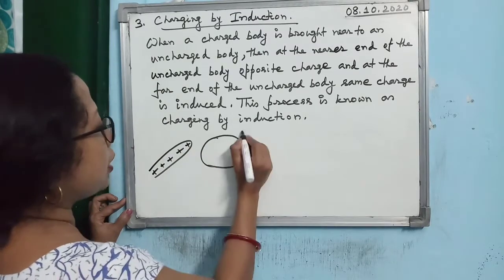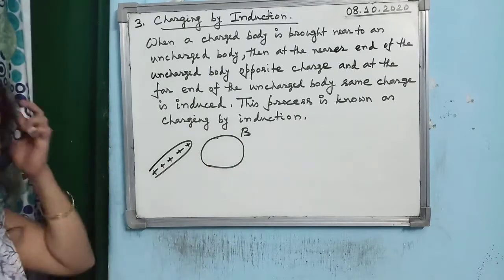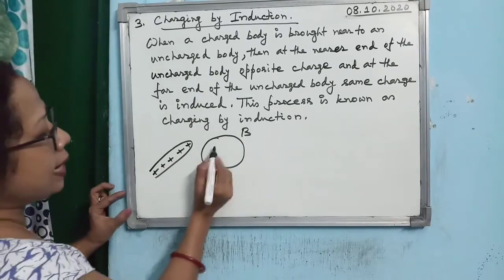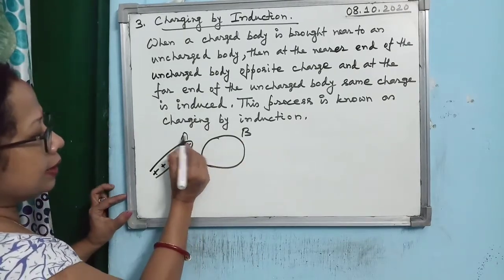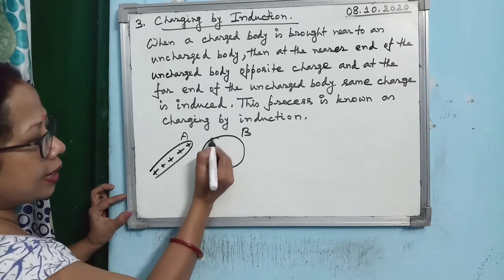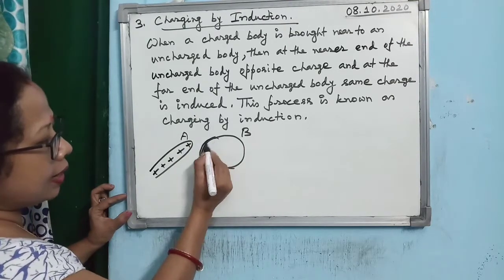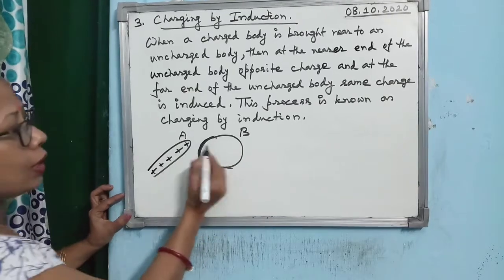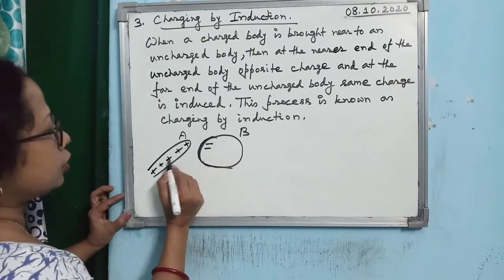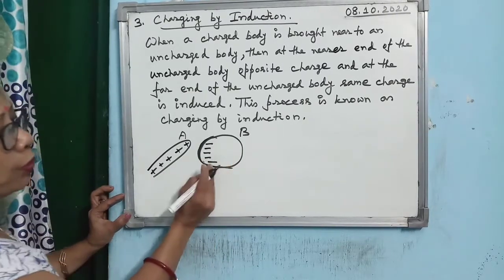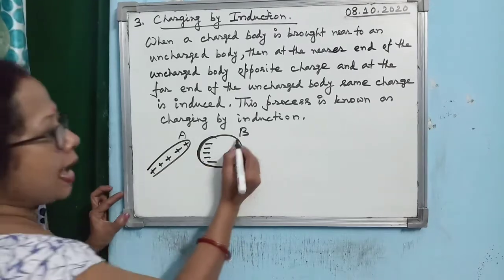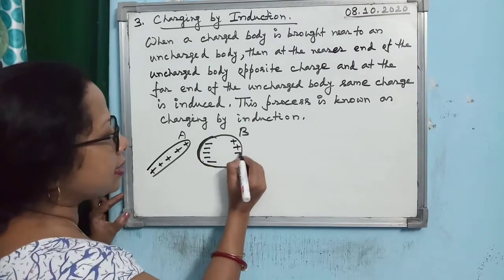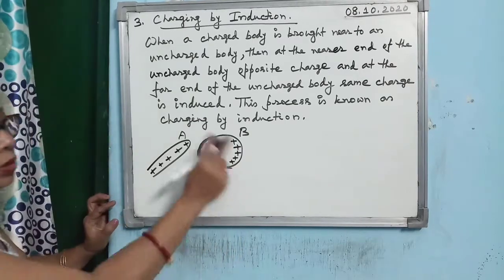Then you see what will happen at the near end of the uncharged body. Opposite charge will be induced, and at the far end, same charge will be induced.